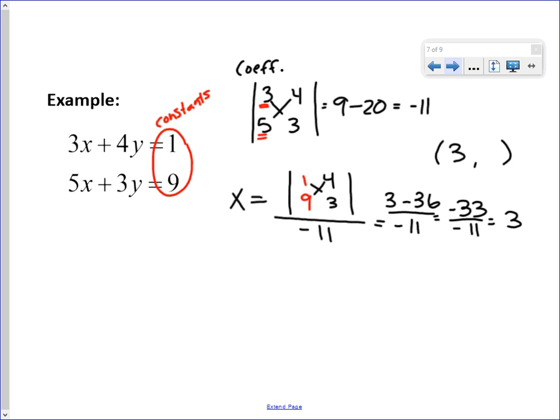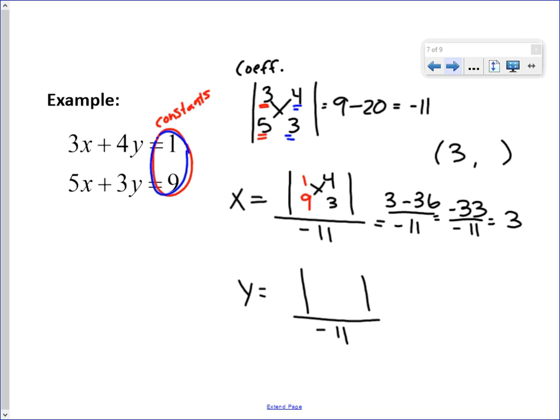Then I would do the same thing to find y. Y equals some new determinant divided by negative 11. I'm going to go back and reuse my constants, 1 and 9. But this time, I'm going to put them in for the y's, because I'm finding a new variable.